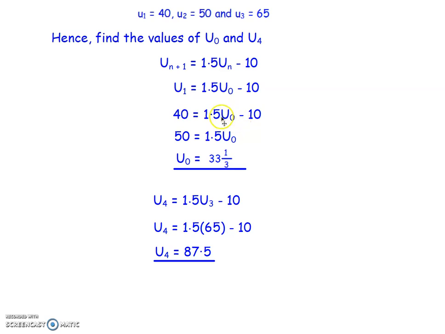I want to find what this u0 value is, so I can add on 10 to both sides, and 40 + 10 is 50. It will leave me with 1.5u0. I can then divide by 1.5, and that will get me u0, and it ends up being 33.33333, etc. So you can just write that as 33 1/3 for the value of u0.